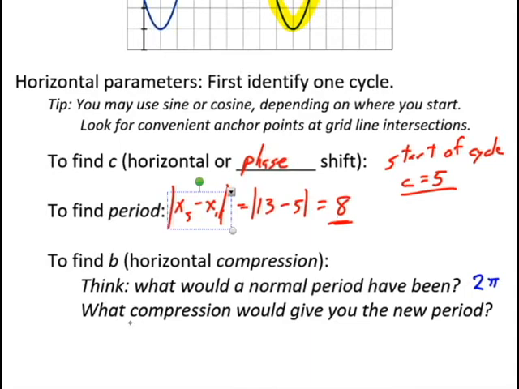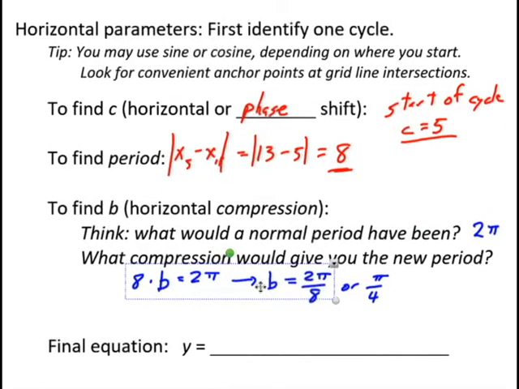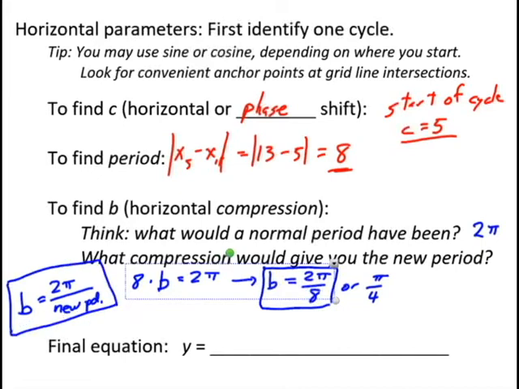So, this period times b gives us 2 pi, which means that our b parameter is going to be 2 pi over 8, or pi over 4. This is a nice shortcut to find b. It's 2 pi divided by the new period. That's worth remembering. It's a nice shortcut.